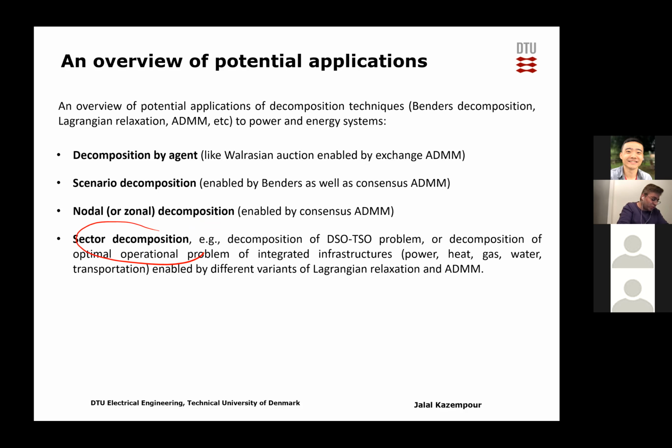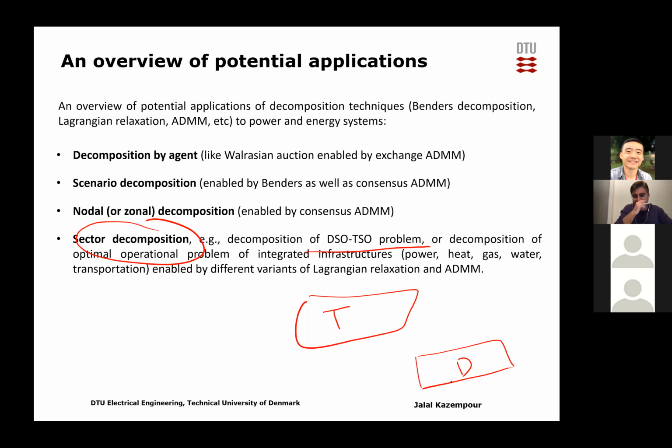You can also decompose by sector. For example, assume you have a DSO-TSO problem, distribution system operator and transmission system operator. So here it's a transmission area with the meshed network, and this is the low voltage distribution system with radial network. And at the PCC, the interface, you have a constraint there.